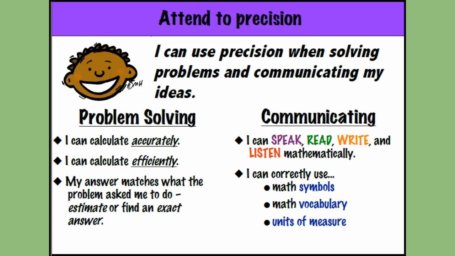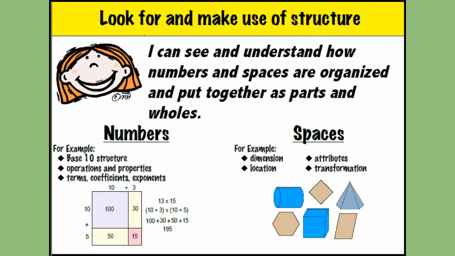Going on to the seventh math practice: look for and make use of structures. I can see and understand how numbers and spaces are organized and put together as parts and wholes. So this uses the distributive property. This is how you can break it up.